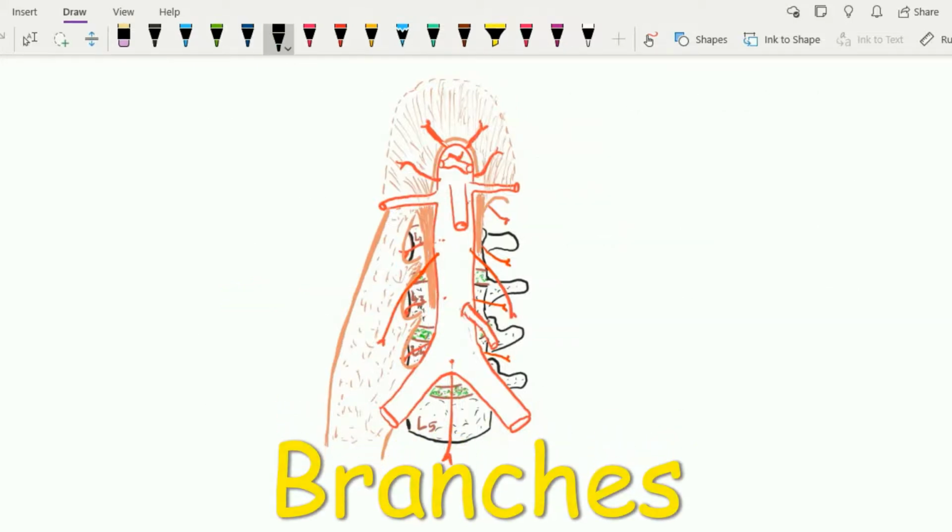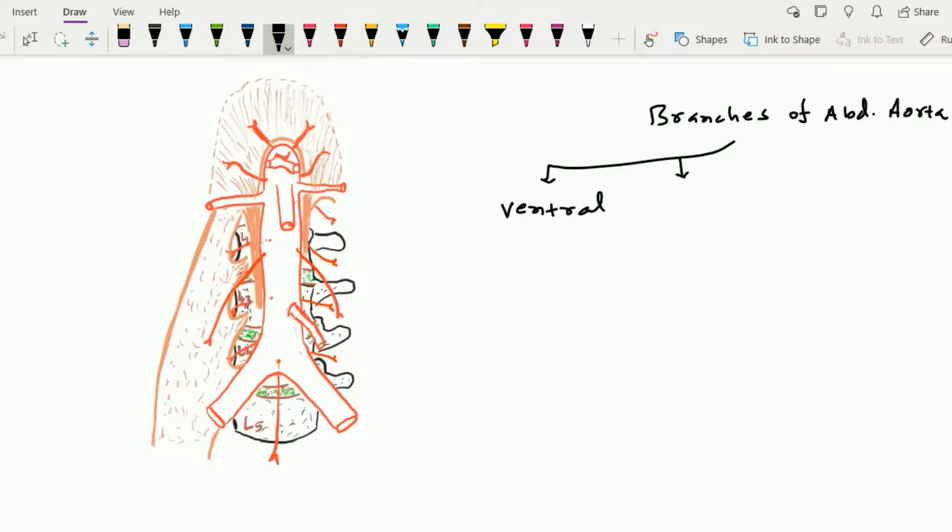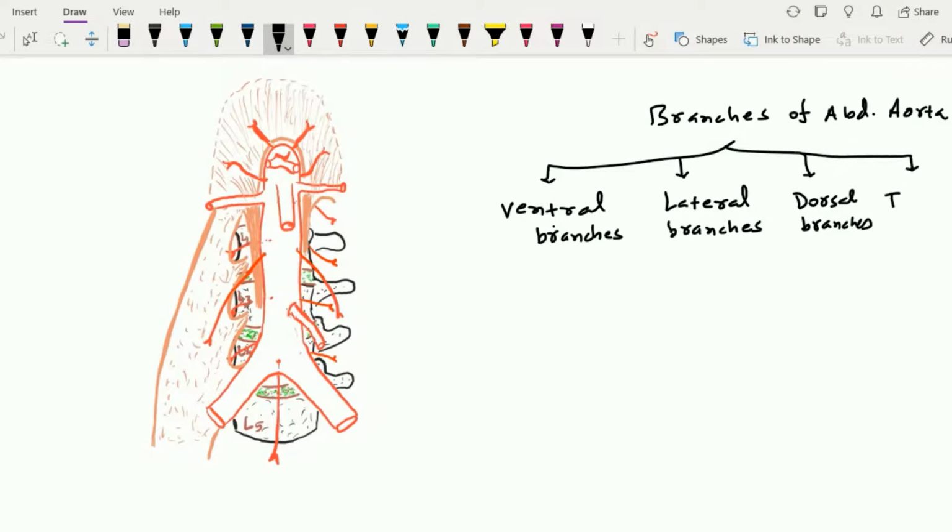When we see the branches of the abdominal aorta, we can appreciate this abdominal aorta having 4 types of branches, and these include the branches from the ventral aspect, branches from the lateral aspect, branches from the dorsal aspect, and the terminal branches.